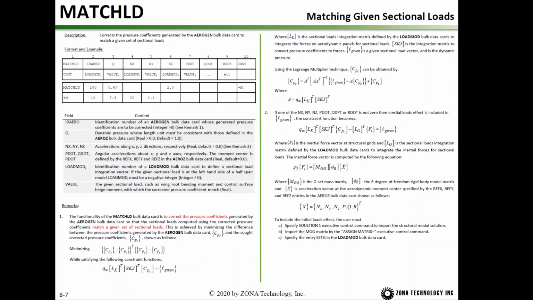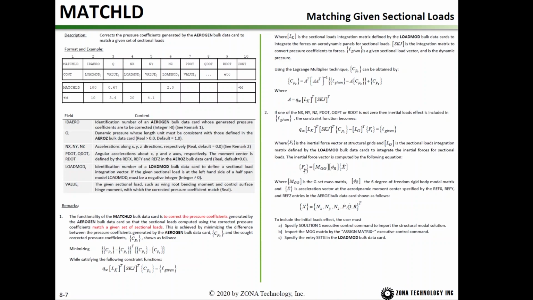In case in the wind tunnel testing, the wind tunnel model may have a gravity force. So you have Nz equal to 1g, and you want to include the inertial effect. If you say Nz equal to 1g, or 386 inches per second squared, and you multiply by a rigid body plunging mode, and then multiply by the GZ mass matrix, this will give you inertial forces at the structural grid points.